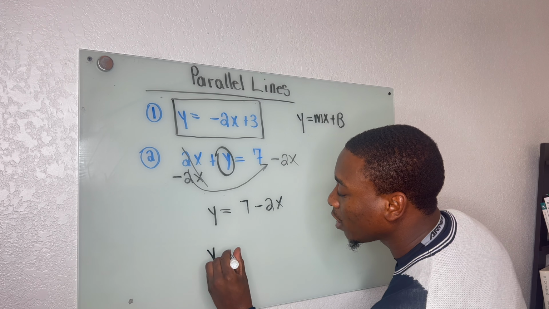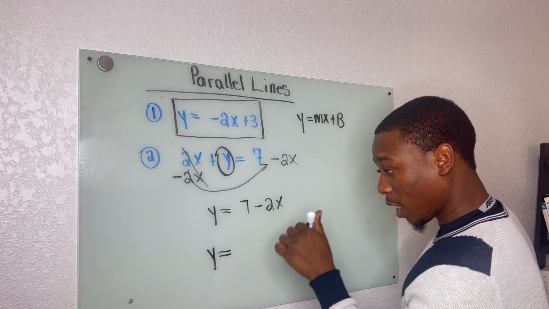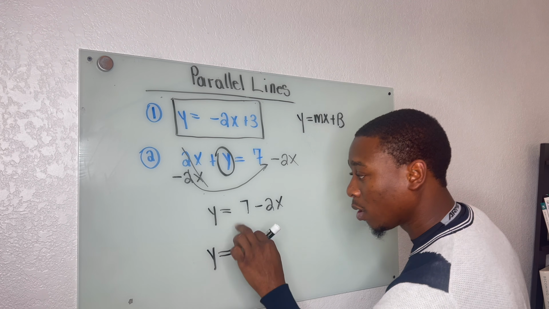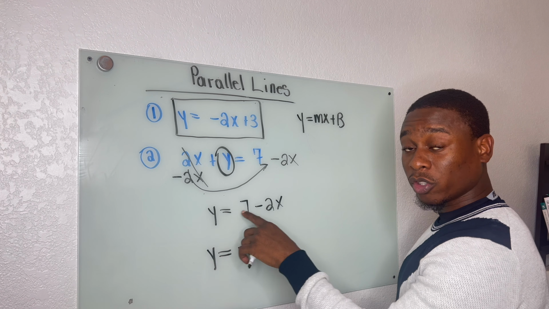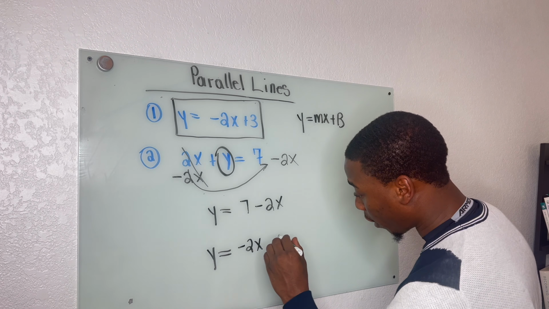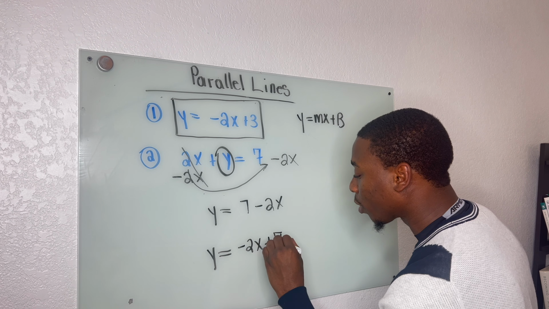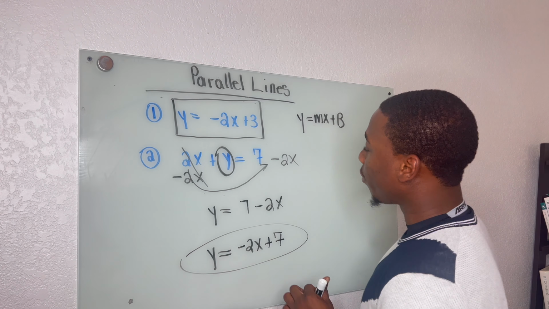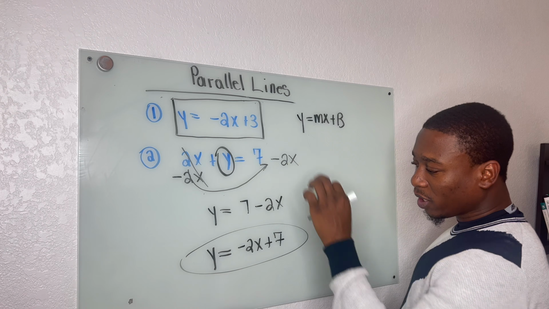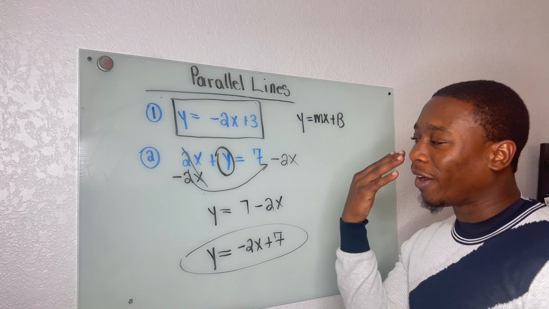So now y is equal to, this is negative 2x. I don't see a negative sign out in front of here, so I must assume it's positive, plus 7. So now, once we compare this equation and this equation, what do you guys see?